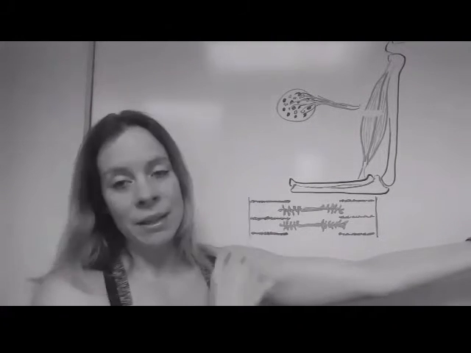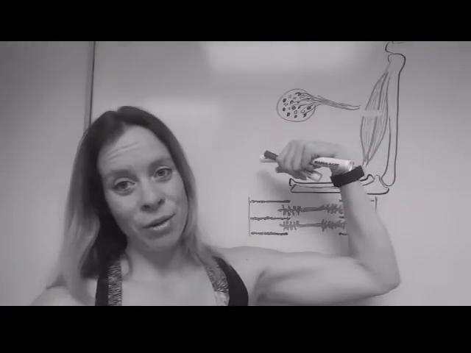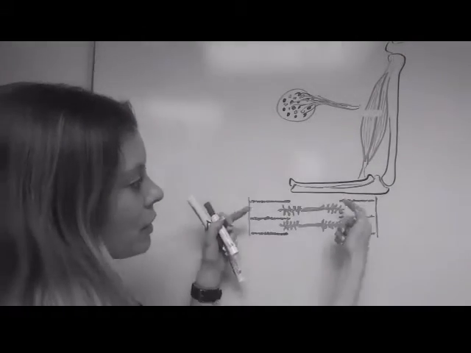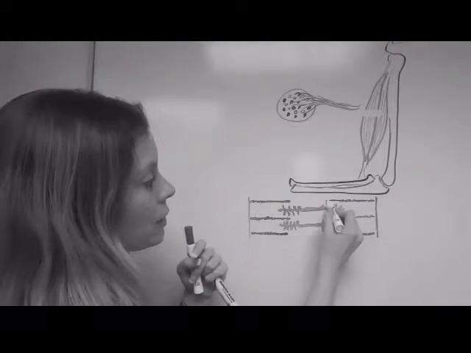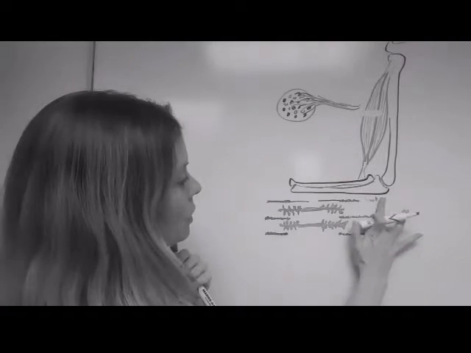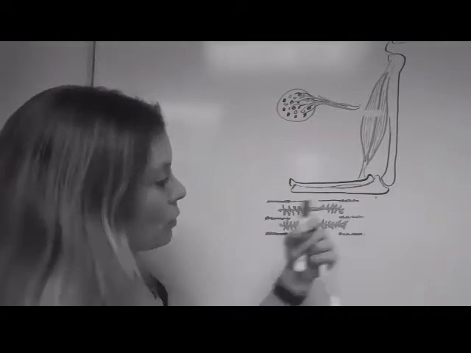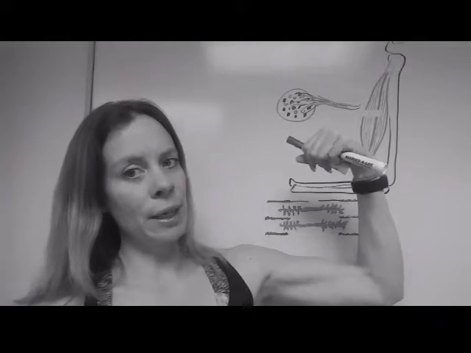The myosin hasn't grabbed onto the actin yet. But as I flex, this actin actually gets pulled in this direction, and this comes closer together. So instead of that relaxed state, it's now a contracted state.